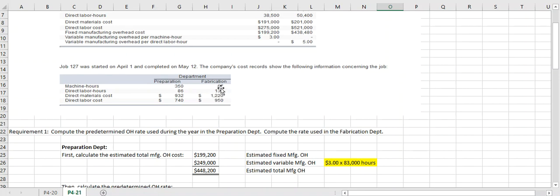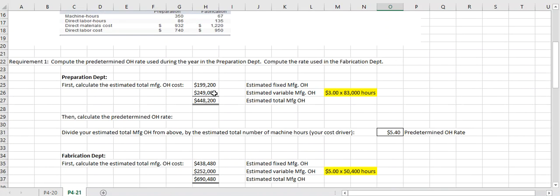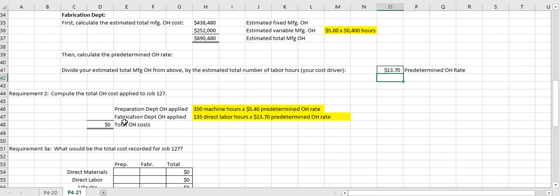We're going to take the number of direct labor hours and apply our overhead for fabrication. So our machine hours was 350 machine hours. Fabrication was 135 direct labor hours.